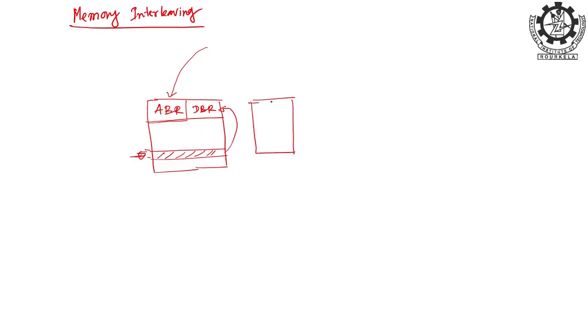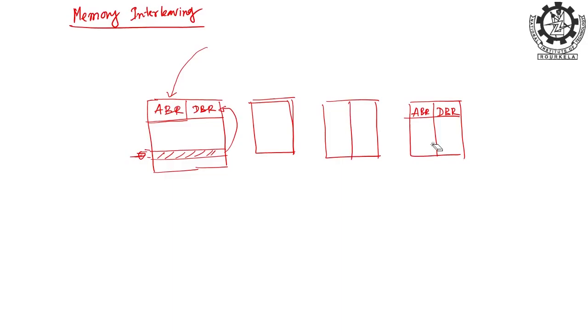Let us say we have 4 modules here. Similarly, we will have a module here and a module here, each with an address buffer register and a data buffer register. Let us say this is module number 0, this is module number 1, module number 2, module number 3.